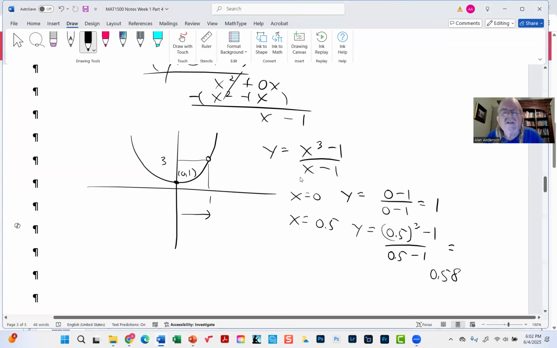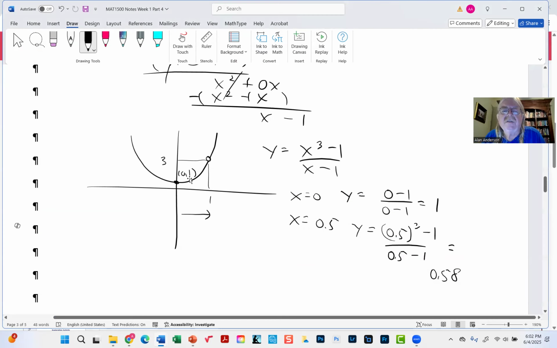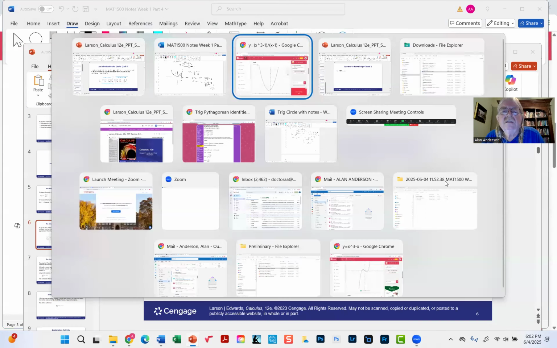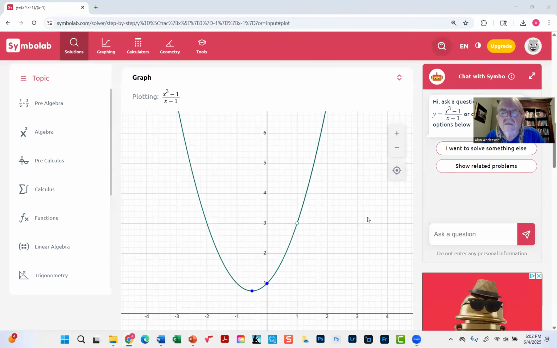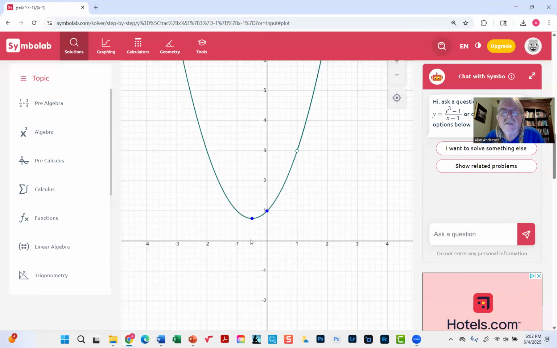So in the slides, they're giving us this little chart, so we don't have to go through this trouble. What they want you to see is this. If I evaluate the function with x's that are smaller than 1, starting with these numbers here, we move up.